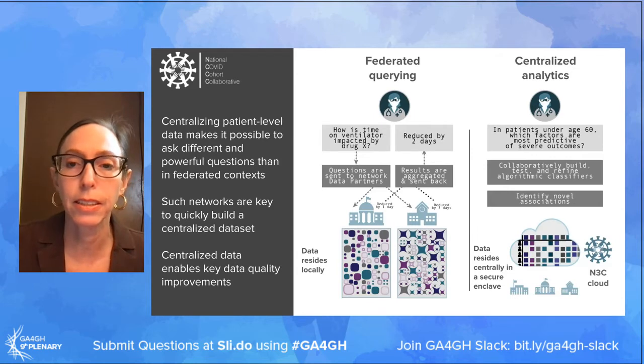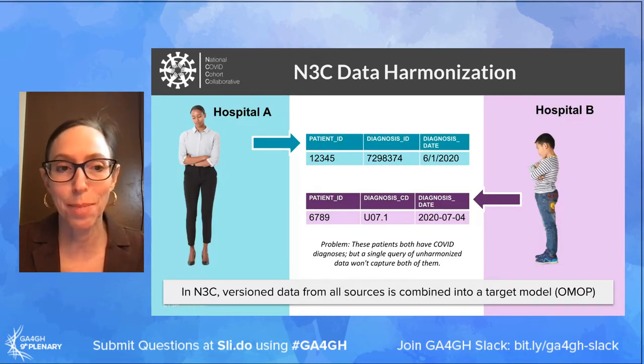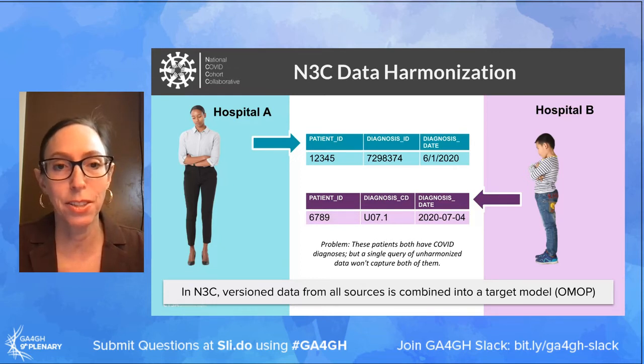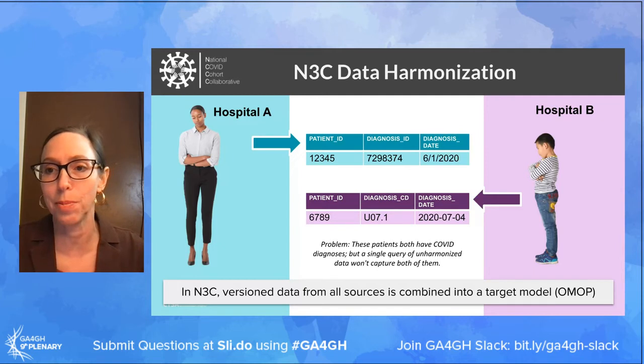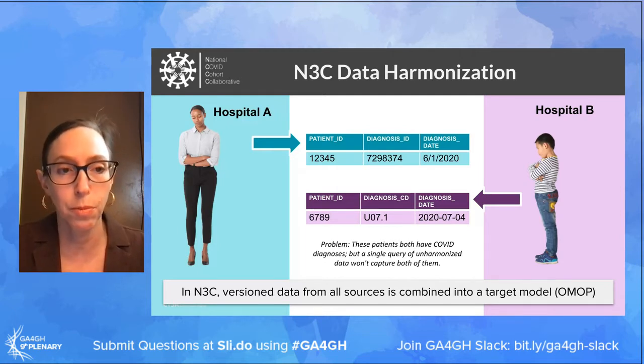Next slide, please. So this is just a very simple example to get you acquainted to the challenge. These two patients, one patient in hospital A and one patient in hospital B, both have COVID diagnoses, but a single query of data that's unharmonized would not actually capture them both. So at the top, we have a different code system used for the diagnosis. We don't even represent dates in the same way.